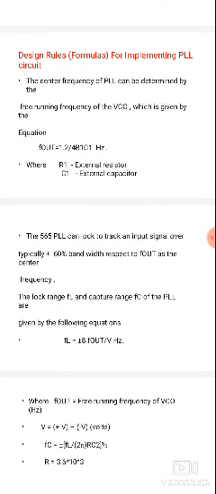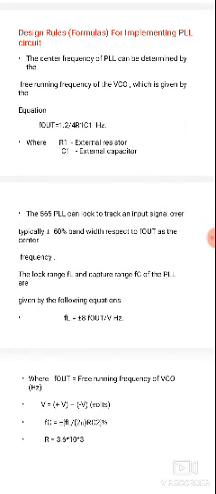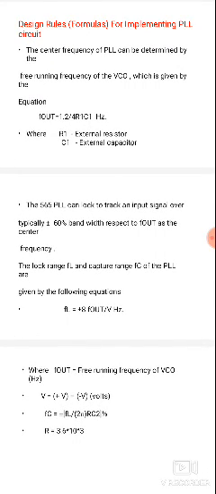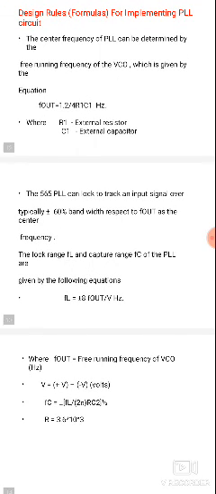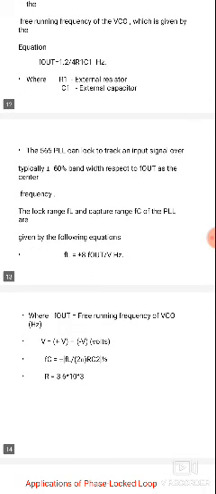Here R1 is an external resistor and C1 is an external capacitor. The 565 PLL can lock to and track an input signal over typically plus or minus 60% of bandwidth with respect to F out, the center frequency.